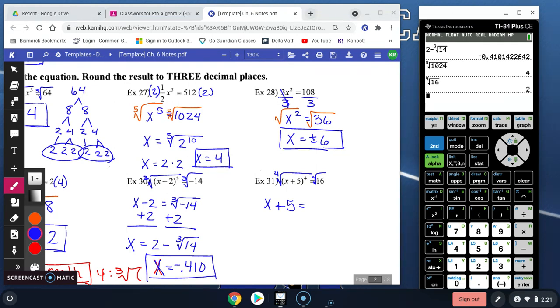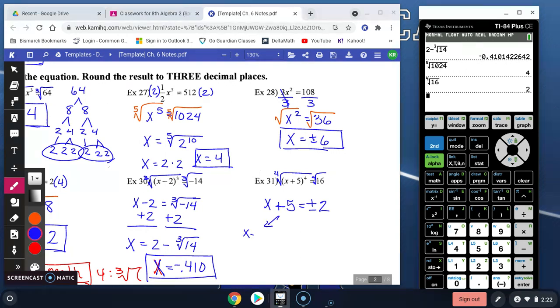Okay, now this is an even polynomial, so it's going to act the same as a quadratic does. So you're going to want plus and minus. Excuse me. So plus and minus 2. Okay, now because of the plus and minus 2, you're going to have two different equations to solve.